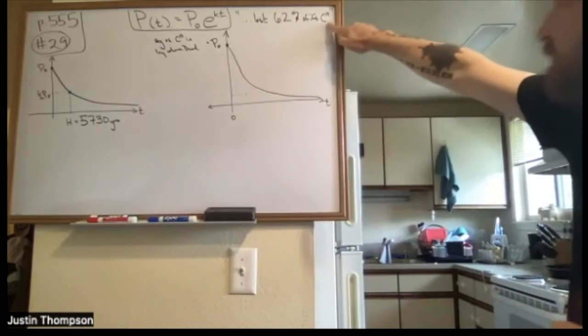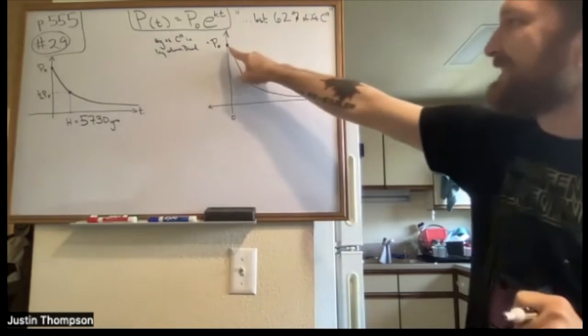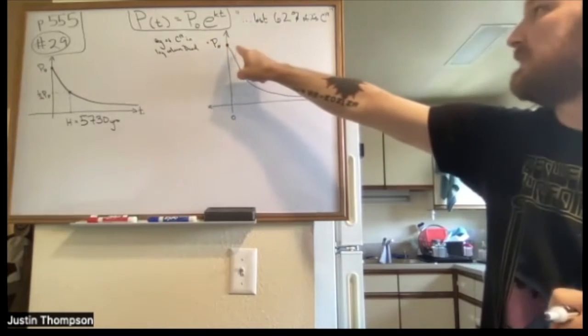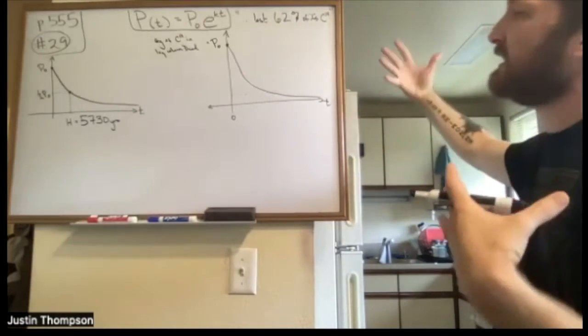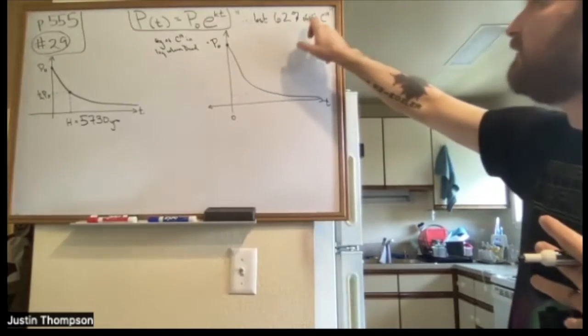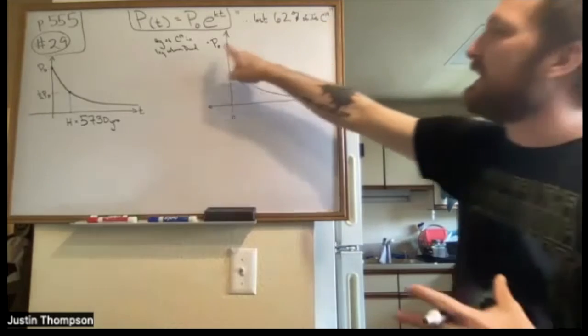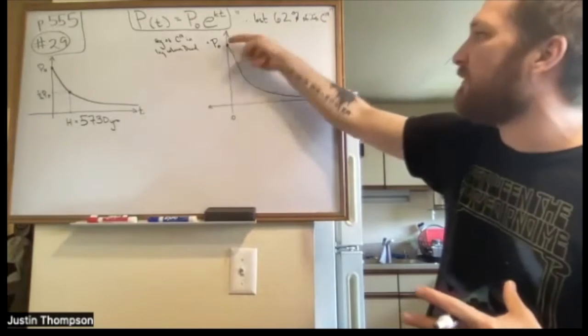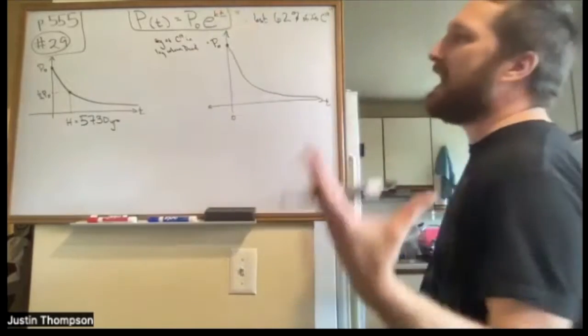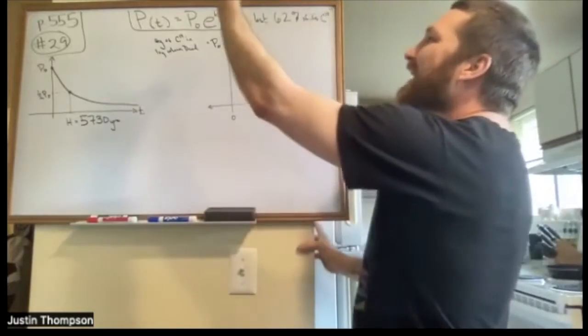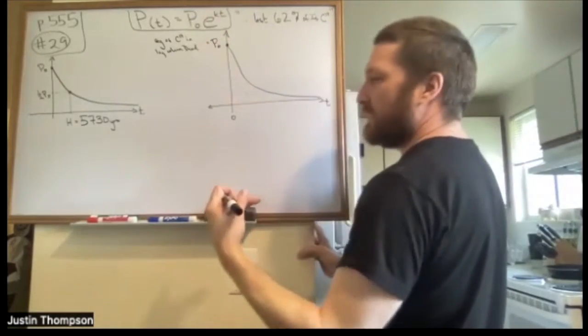And the carbon-14 that it's referring to is this initial amount of carbon-14. That's what the context of carbon-14 dating means. That they say it lost 62% of its carbon-14. That means that it had its maximum amount of carbon-14 in it when it died. And whatever amount that is, what's left, it lost 62% of it.